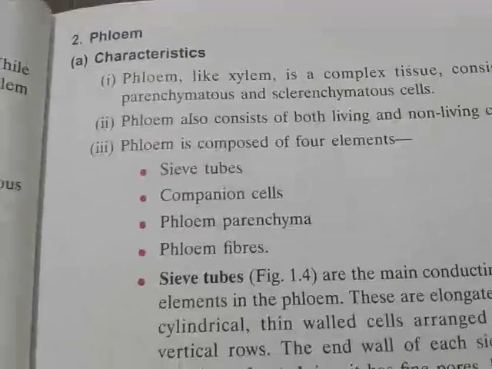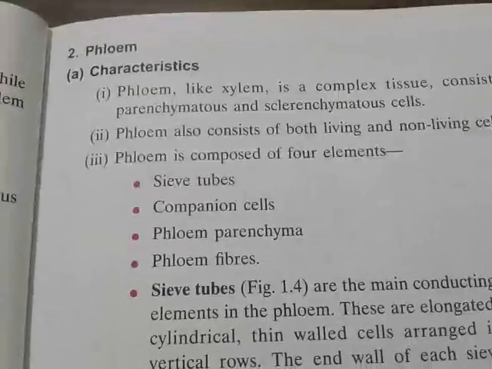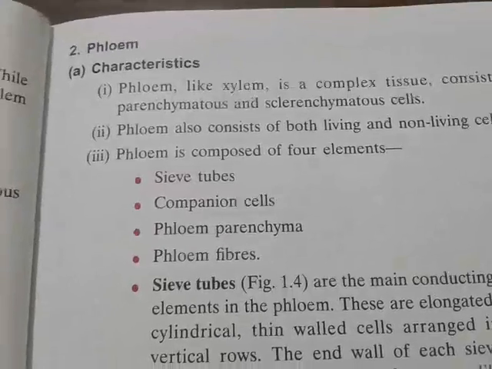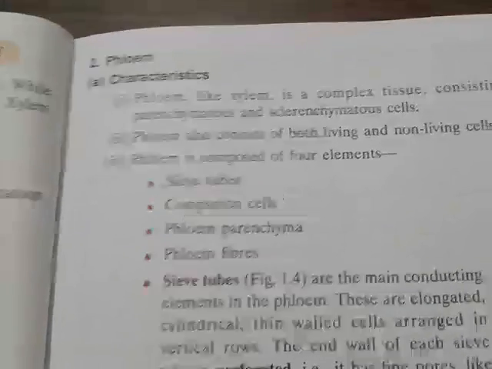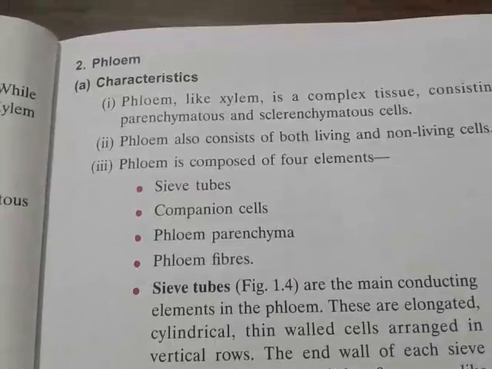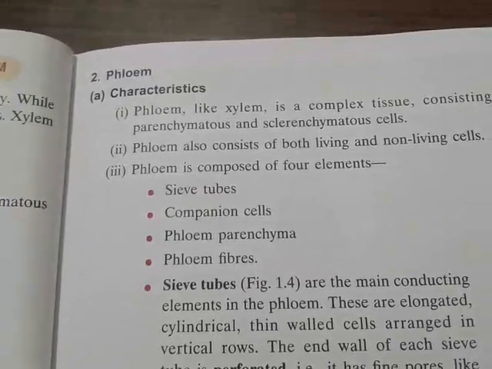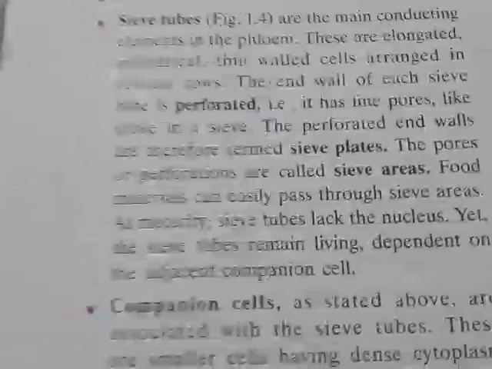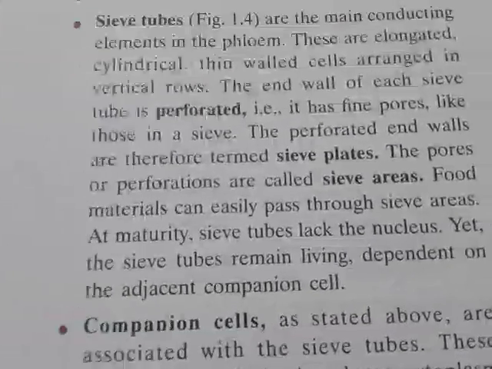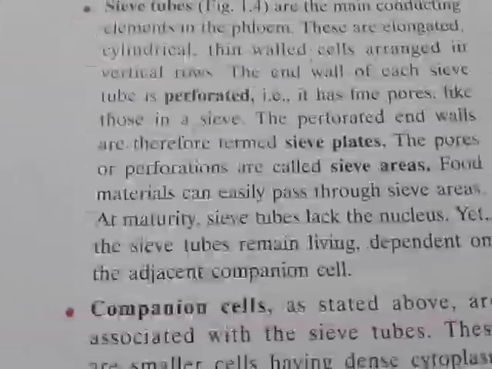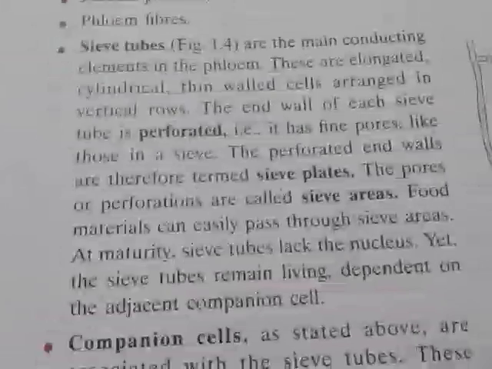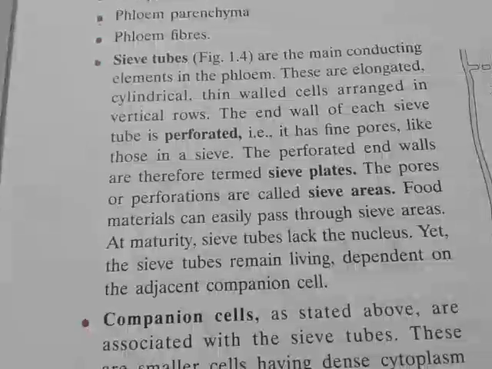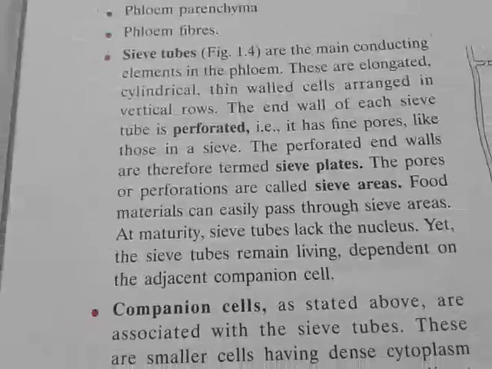Sieve tubes are the main conducting tissue, having a perforated part called the sieve plate, through which the food materials pass. And the companion cell helps the sieve tubes in conduction; companion cells and sieve tubes are both involved in conducting food materials.